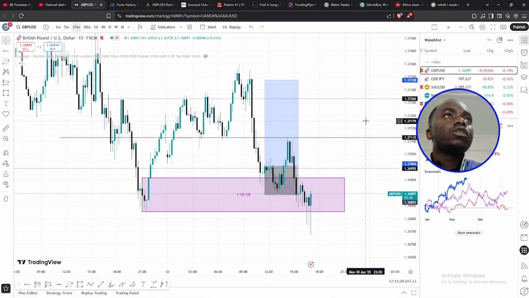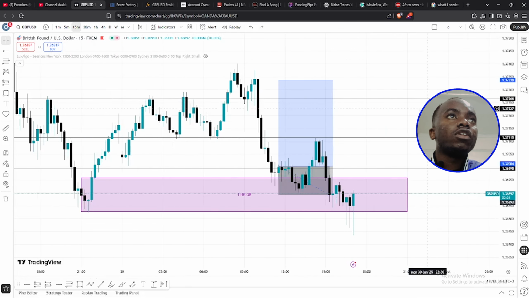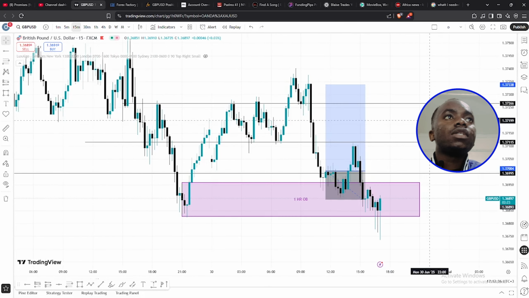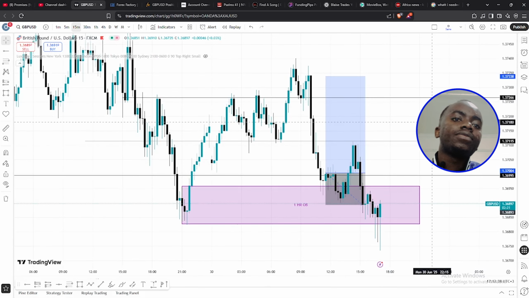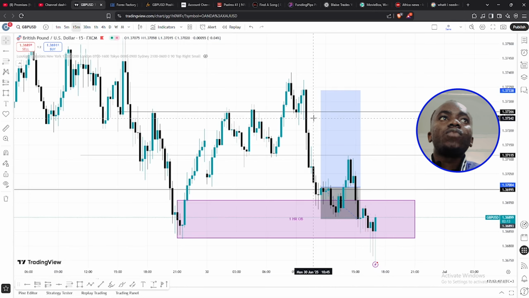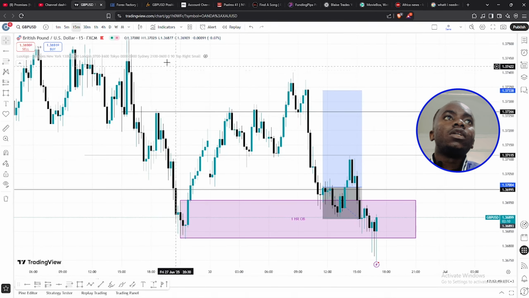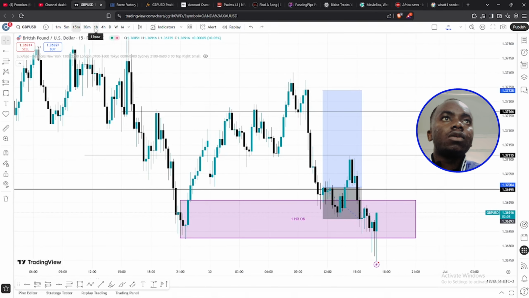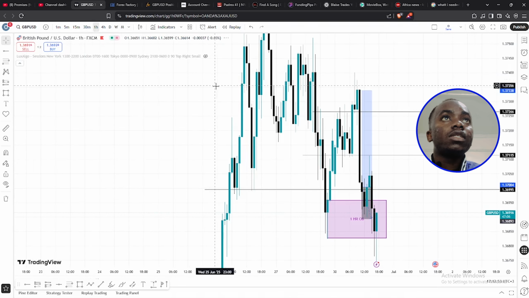So I'm going to start with the most recent trade, that is Gbpusd, and we are going to reevaluate and understand why these trades never went according to how I planned. So this is my 15-minute chart here. As you can see, I have marked my 1 hour order block pretty well, and if we move back to the 1 hour chart, you can see how things were.